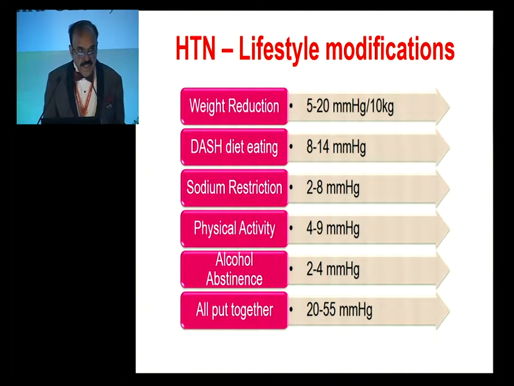We preach, we teach everywhere, we say DASH diet, we read also, but none of us follow that. So the drive-home message for my talk is, if you go back and tell your people and family to take at least 4 servings of vegetables and 4 servings of fruits, it is good not only for diabetes, it is good for your health. You must say this, because we always tend to take fast food. I always say fast food takes you faster to the grave.